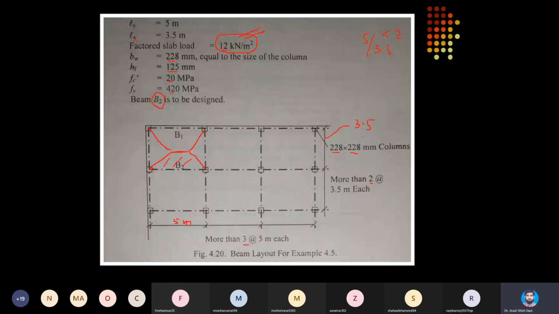These segments of the panels will transfer their load to the corresponding beams to which they are attached.